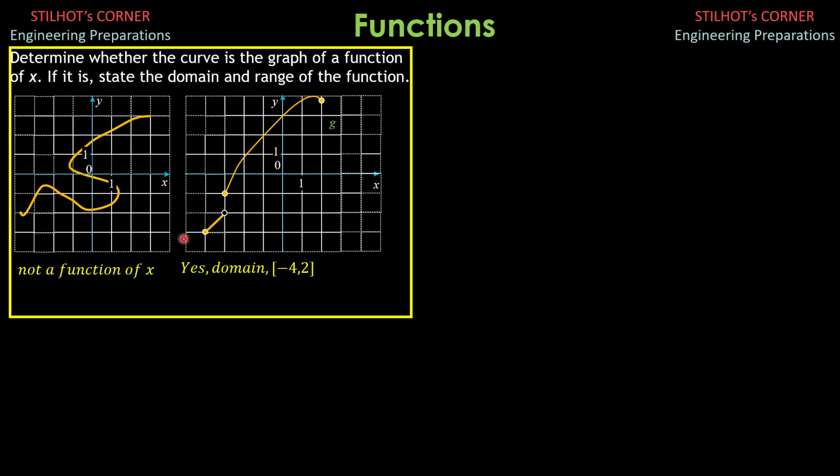While the range is, we have to combine the union of the range because there is a gap here in this part. So it is -1, -2, -3. So negative closed interval -3.